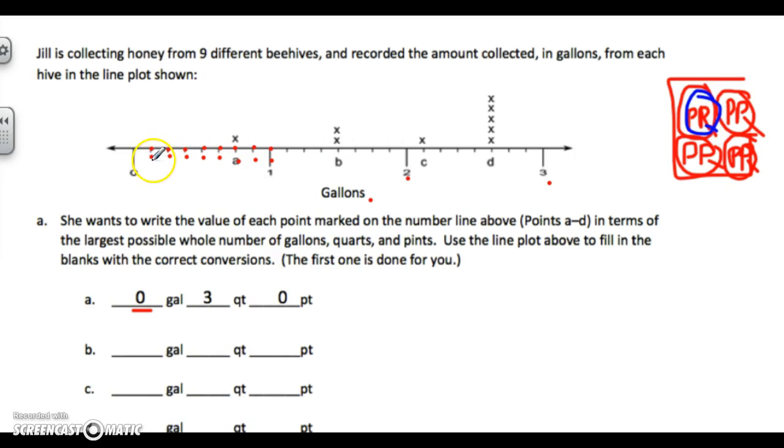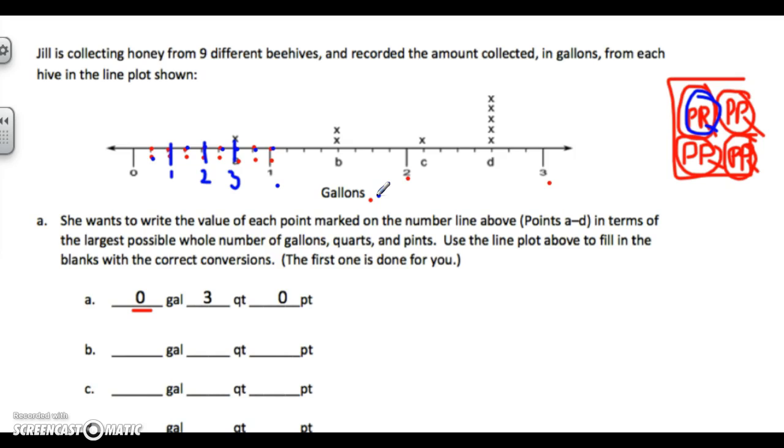So this would be 1 pint, 2 pints, but this is also 1 quart. 3 pints, 4 pints, but 4 pints is also 2 quarts. 5 pints, 6 pints. 6 pints is also 3 quarts. 7 pints, 8 pints. 8 pints is the same as 1 gallon.